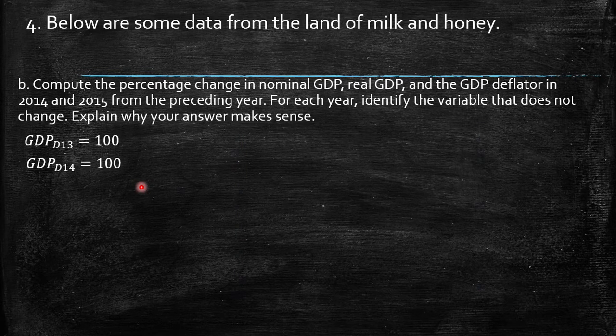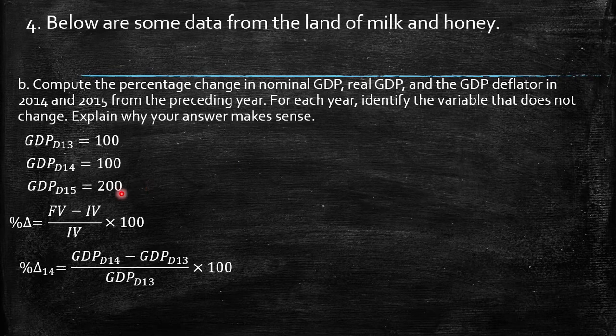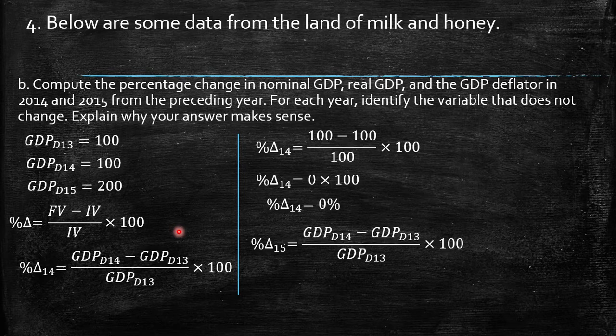So then we are going to move to the deflator that we already computed before, and the percentage change for 2014, so we have 2014 minus 2013 over 2013, but in this case the deflator, so we have 100 minus 100 over 100, naturally. This is 0%. The deflator didn't change at all.